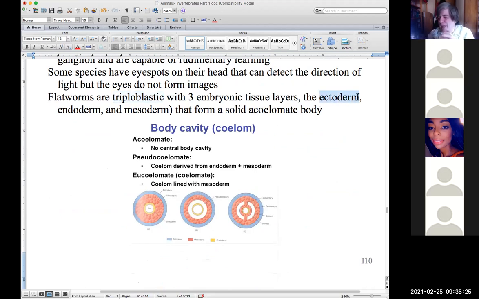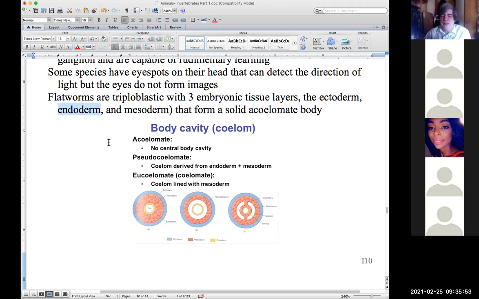There's something called the ectoderm, and ecto means outside. So this is going to form the outer part of the body. There's the endoderm, and the endoderm is going to form the inner lining of the body. So when we say the inner lining, think about the lining of the gastrovascular cavity, just like the cnidaria had.